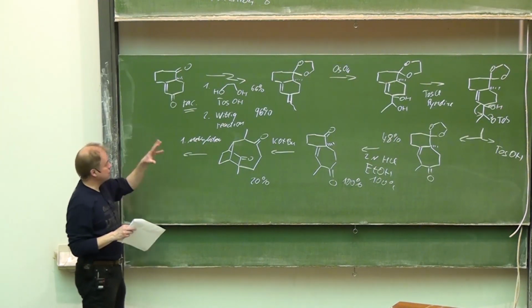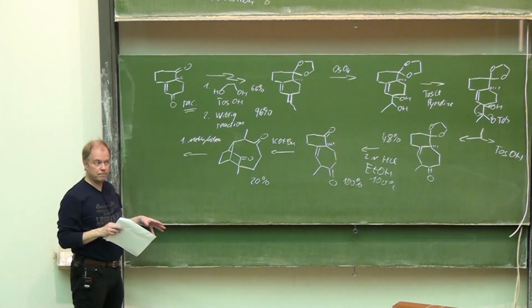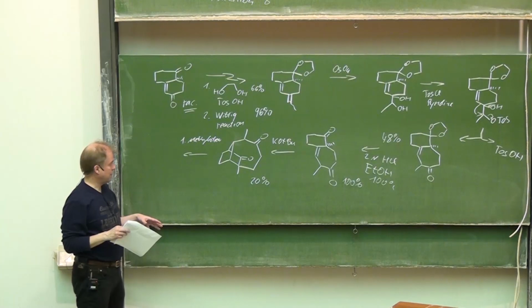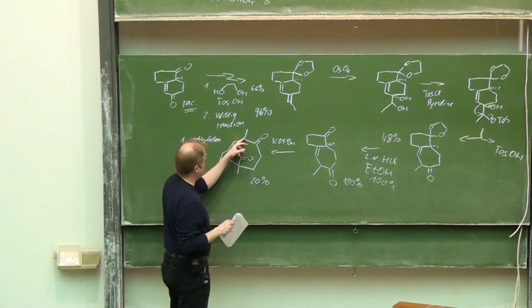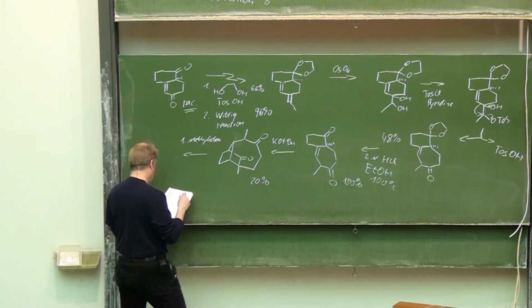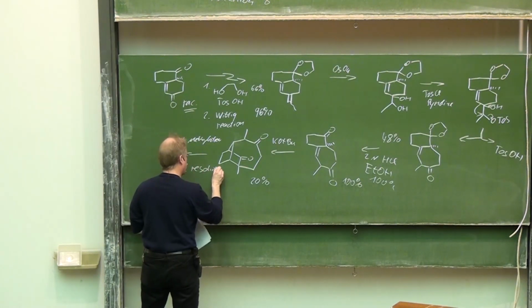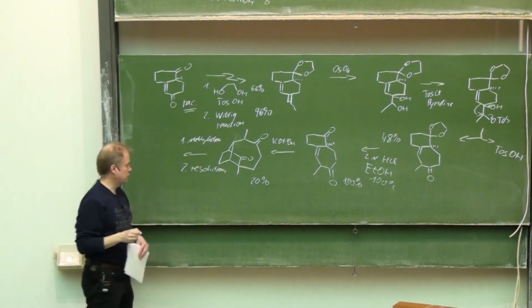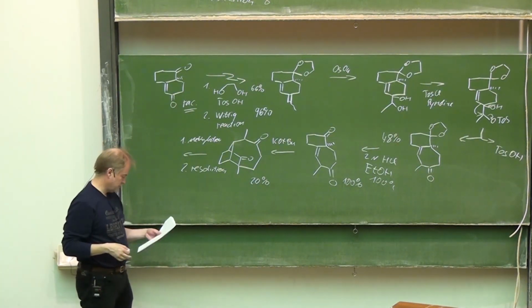However, at that time, it was necessary to separate the enantiomers. And that was done at the stage of the compound having the two methyl groups already at this position. So, resolution of the enantiomers, which of course then loses a lot of material.